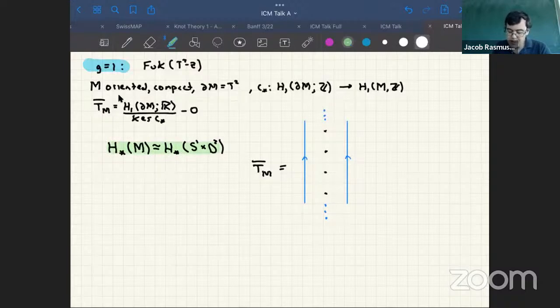Then this covering space just looks like an infinite cylinder. I have this strip with its two sides glued together, and an integer's worth of punctures going up the middle. That's what this covering space looks like.